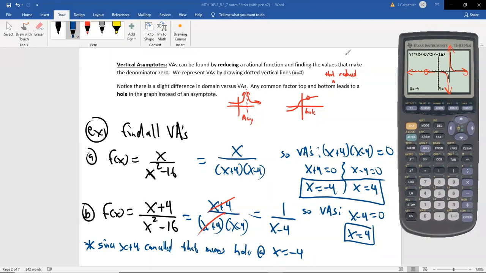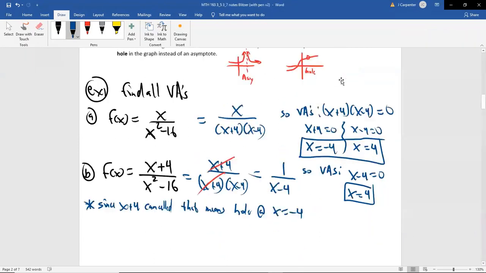But if you type in -4.1, I got to clear my screen, unfortunately. If you type something like -4.1, you might think, oh, there's just never an answer. No, there's a value. If you type in -3.9, there's a value. The only two numbers that this thing can't handle is -4 and +4, one being an asymptote, one being a hole. And there's a big distinction. Canceled factors make holes. Everything else is a vertical asymptote.